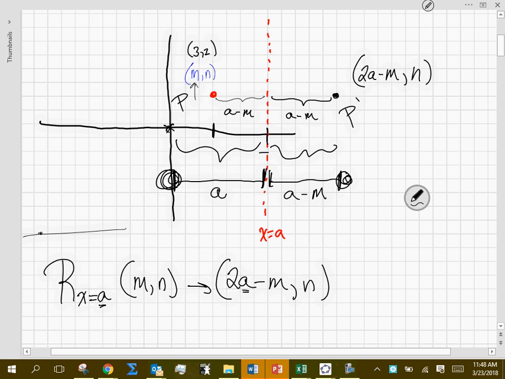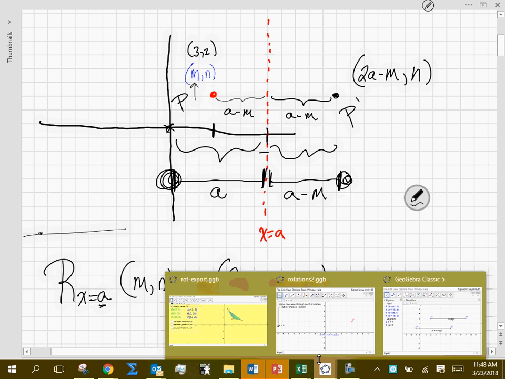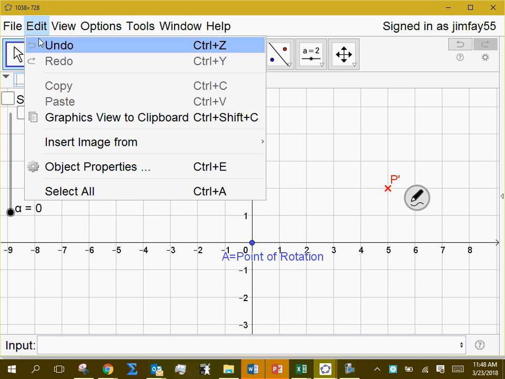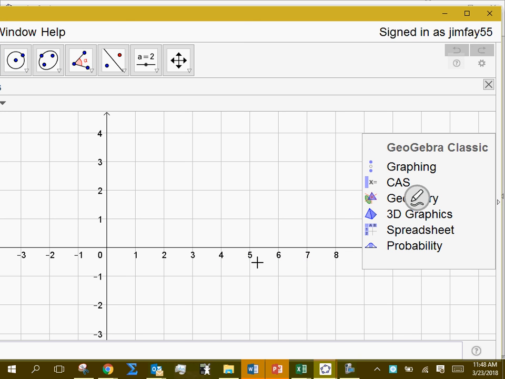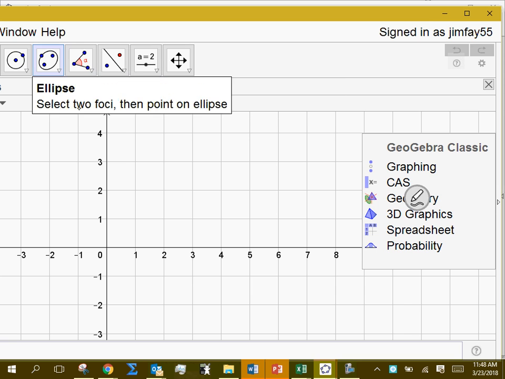You can then say, okay, what if I start choosing arbitrary values? Let's see if this formula does indeed give me what I think I should get. So let's just make things easy. We'll go to GeoGebra here. Let's write the rule here.